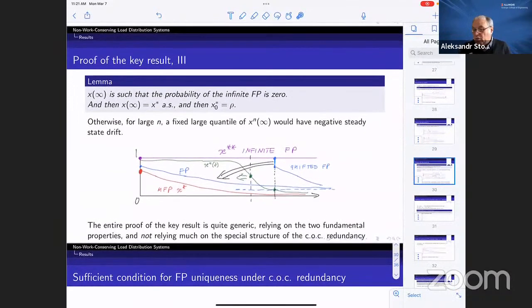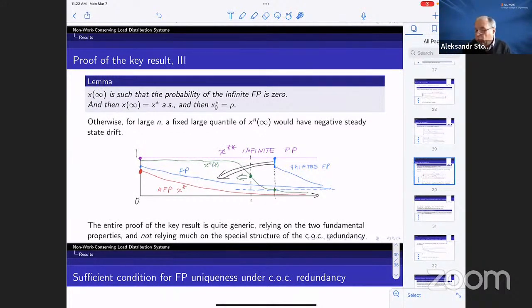And the third step is, we still have a problem. Now we know that the distribution is either on the minimum fixed point or on the infinite one. So in the third stage, we show that this cannot happen. Again, we're using tightness. I will not go through the details of this picture. What does it mean that with non-zero probability, in the limit you are on the infinite fixed point? It means that with non-zero probability, for large enough n, almost all your particles are far away to the right.